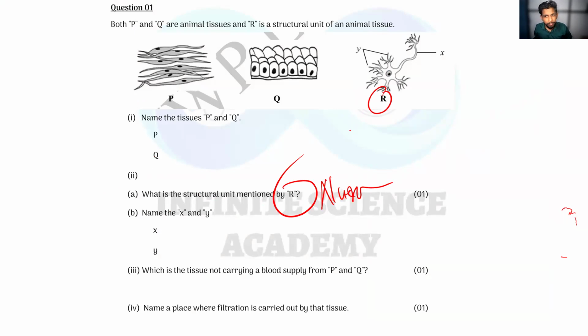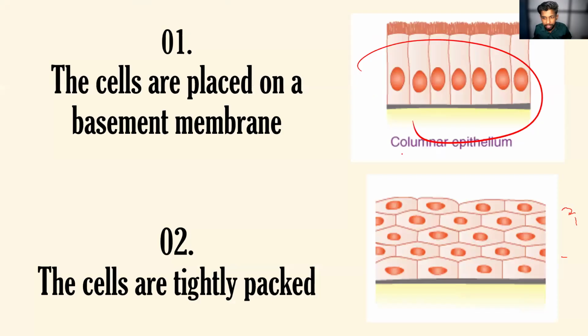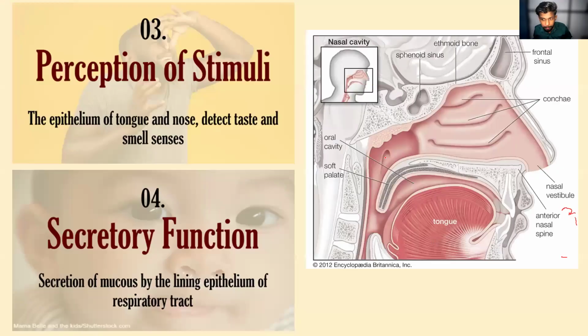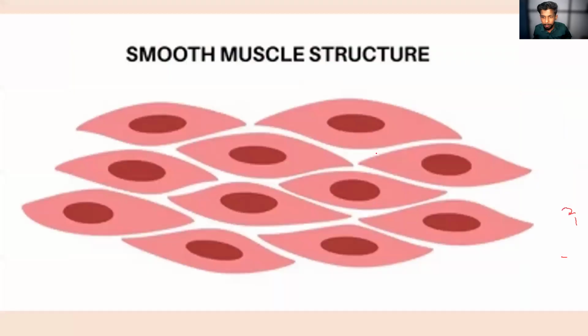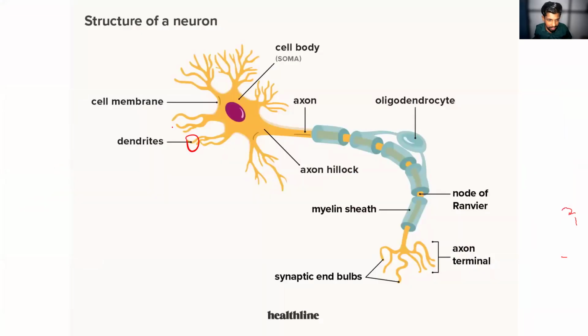And here, what are X and Y? Most of you have sent me the wrong answer for X and Y, right? You want to be very careful, Pulahal. Y means that is dendrites. Look at the picture here. I have explained regarding the nerve cell, right? Dendrites.